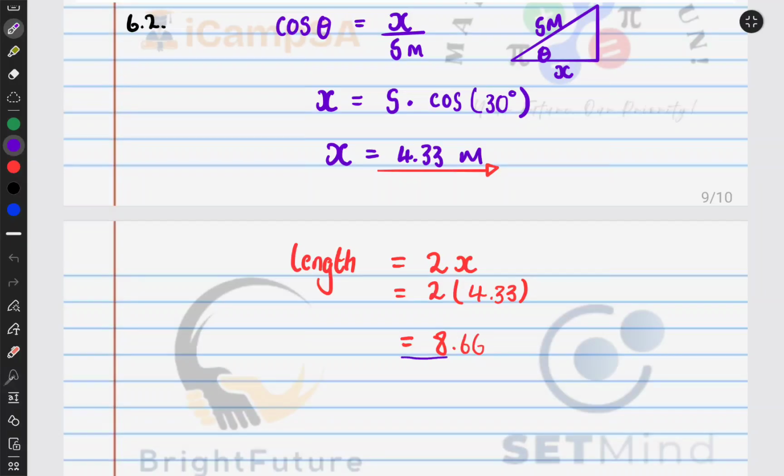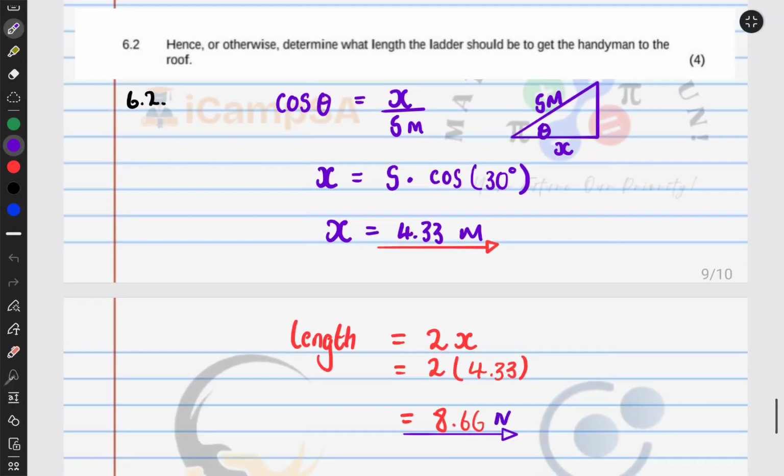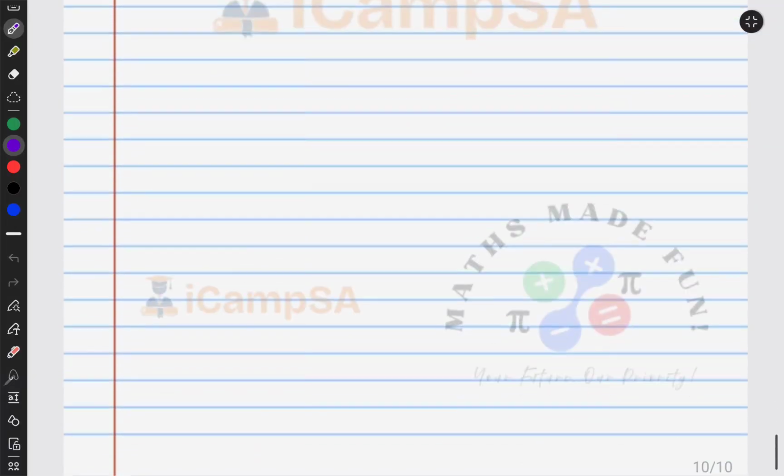That is the length of the ladder, which is 8.66 meters. Okay, that is 6.2.